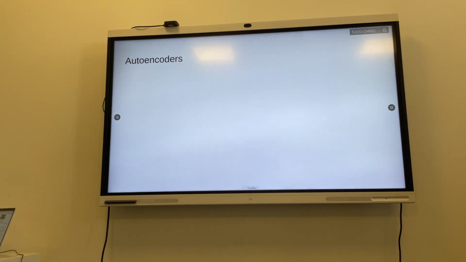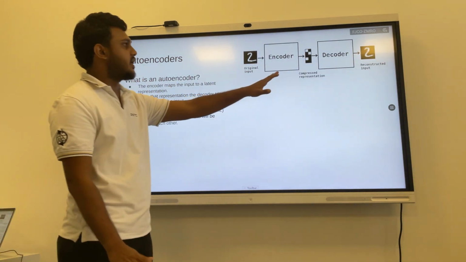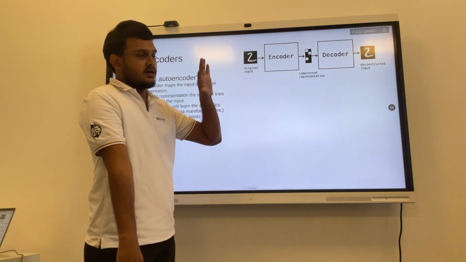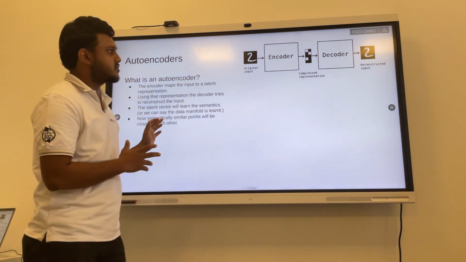So now we will come to autoencoders. Understanding autoencoders is very important to understanding this paper. When we come to autoencoders, we know that there is an encoder and a decoder like this, and I will only talk about reconstruction based autoencoders because this paper is based on reconstruction.